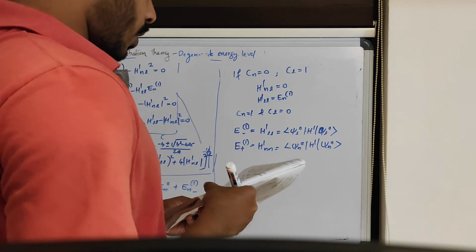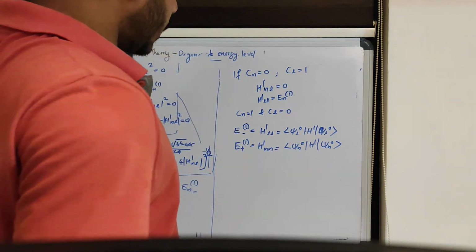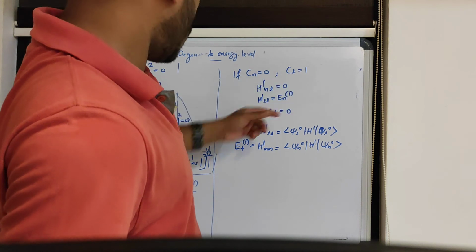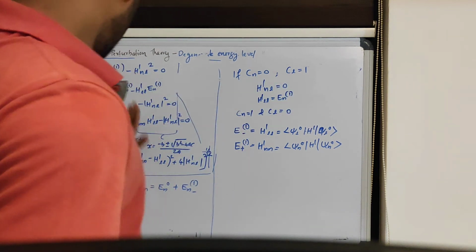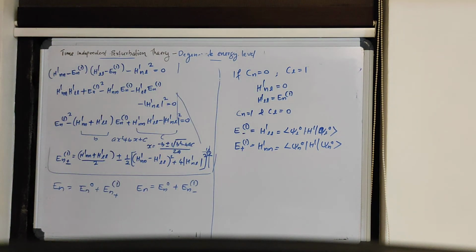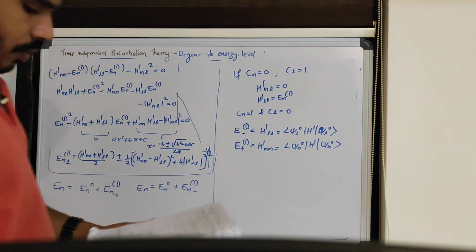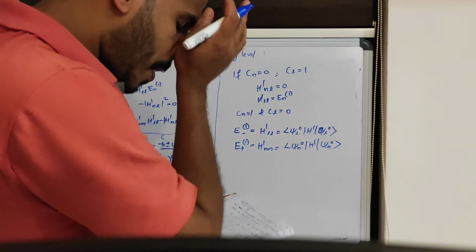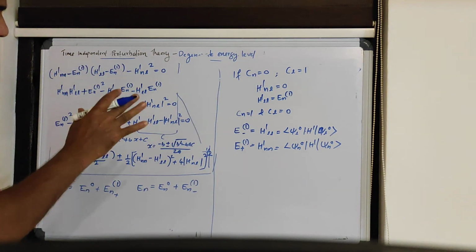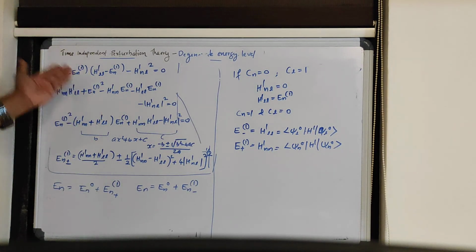So this is what we obtained from the non-degenerate case. If Cn is equal to 0 or Cl is equal to 0, this general formalism goes back to the non-degenerate case. So the idea is, for the degenerate case, we are treating it in a different way.